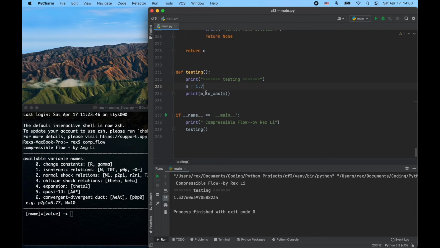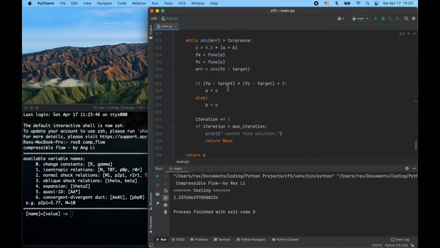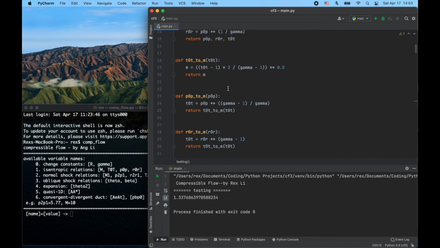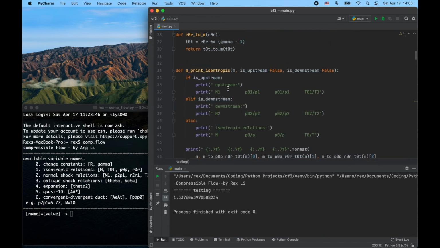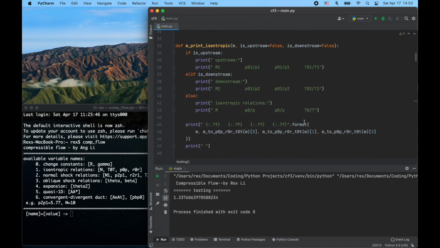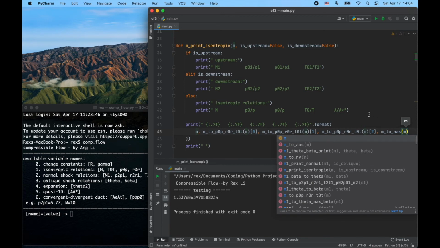And we would like to print this also in isentropic relations because it's also on the table. So with that, we find our print here and put it here in isentropic relations. So A over A star is just like that.